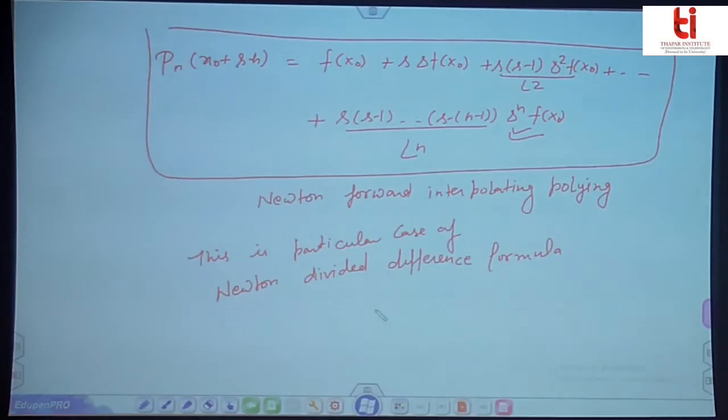When the points are equally spaced, then the Newton forward formula we can derive from Newton divided difference. Next is the Newton backward formula. Newton backward formula.